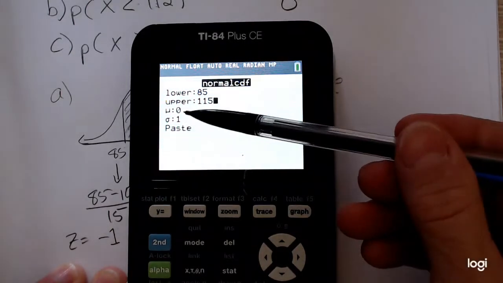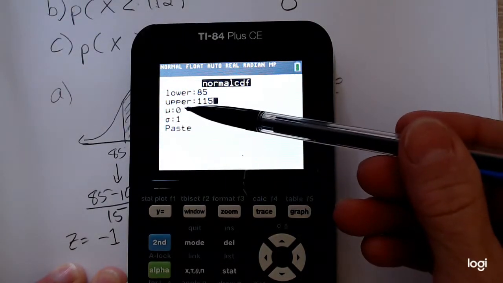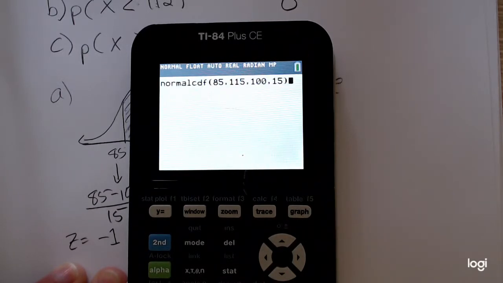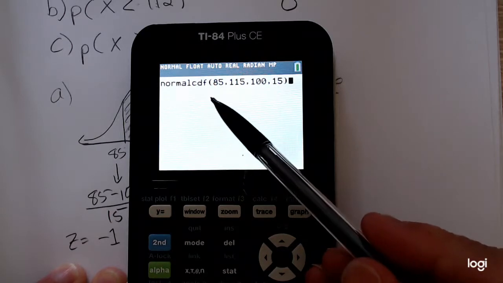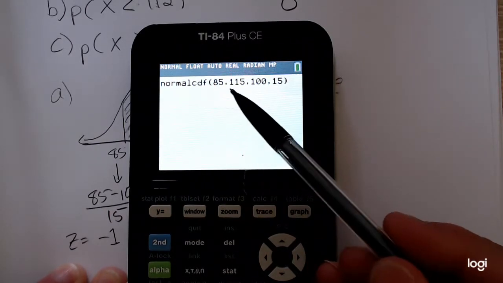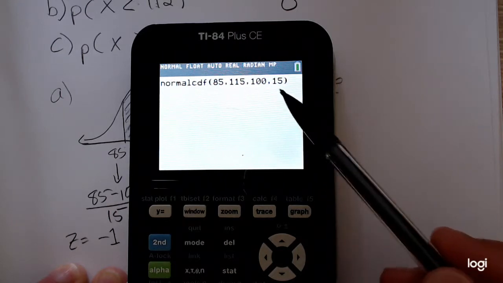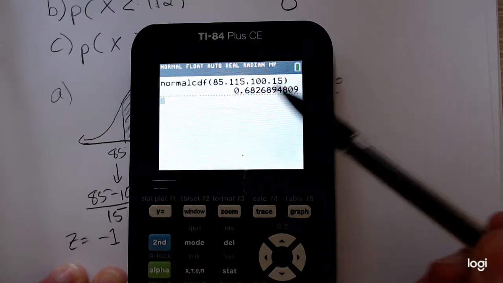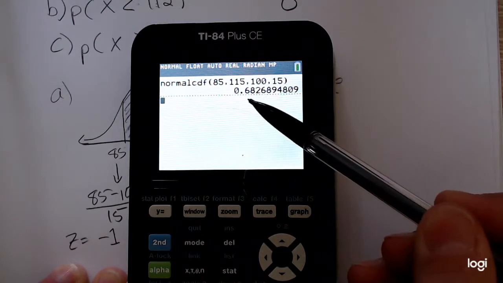Because I'm not working with standard normal, I need to change mu and sigma. So the mean is 100, standard deviation is 15, and then press enter. If you have an older calculator, you need to put in your lower bound, comma, upper bound, comma, mu, and sigma, and then press enter. Round it to 3 decimal places.